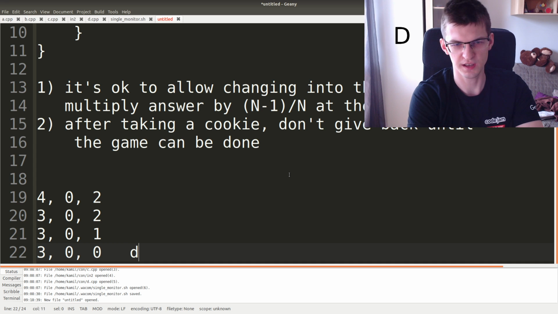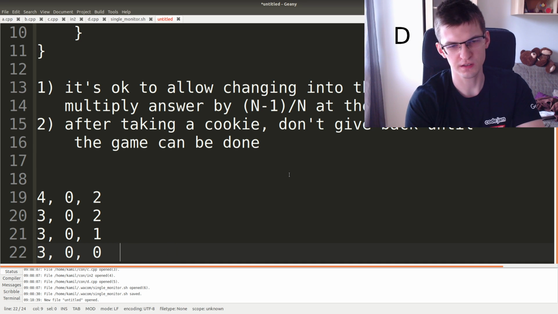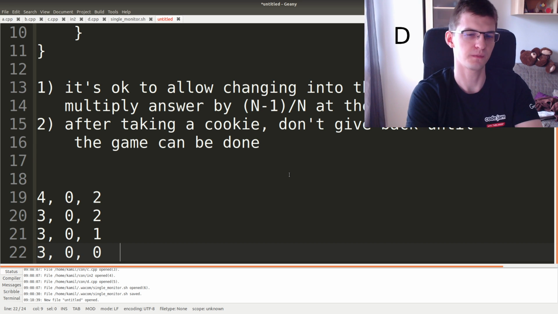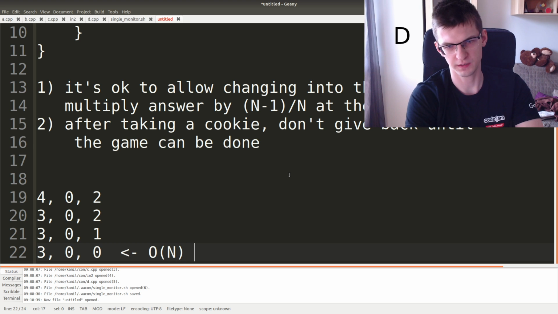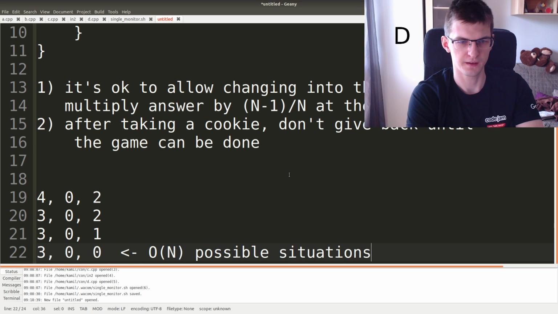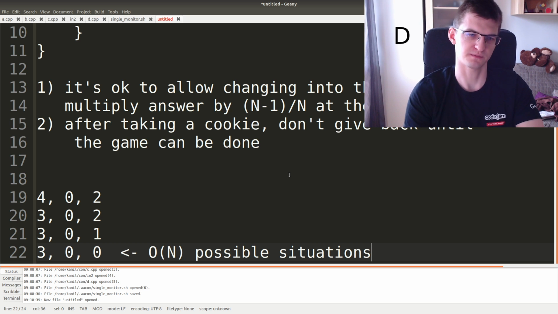that this is kind of DP of 3. It will represent a situation where only one player has cookies, of n possible situations. It doesn't matter which one. And now I'm giving cookies back.